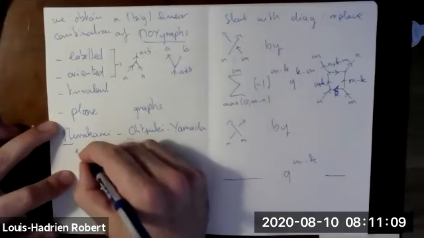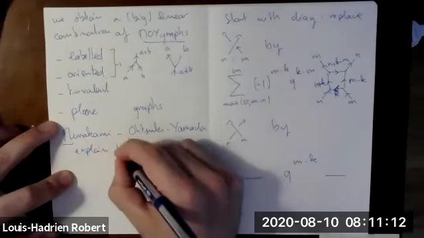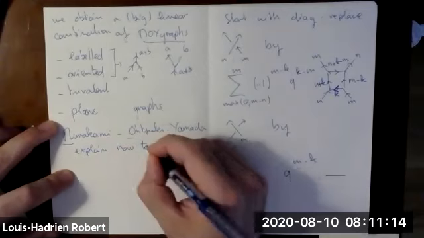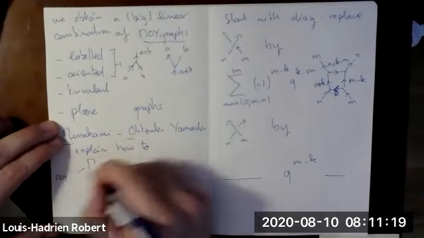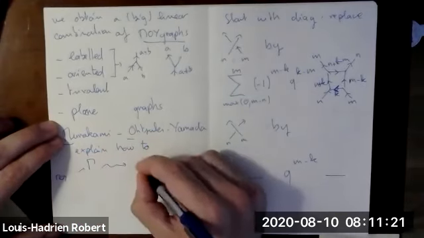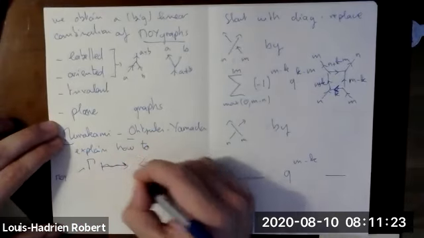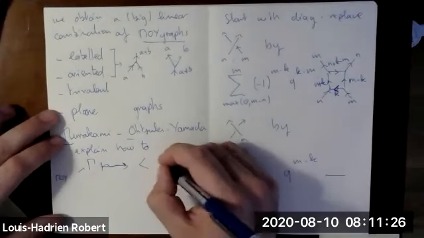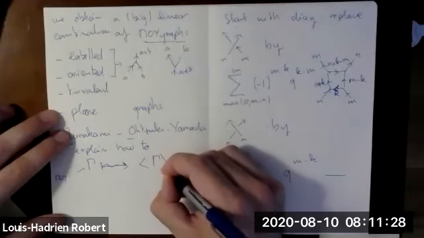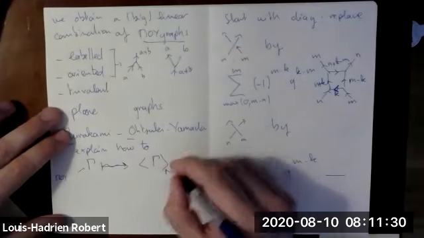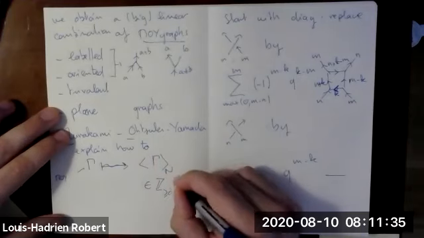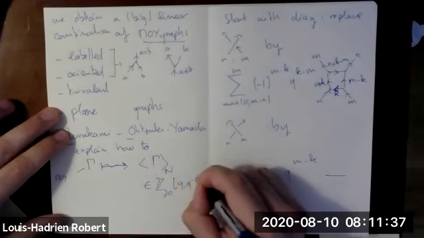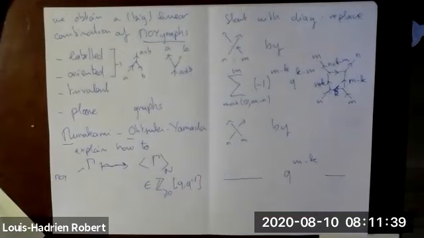They explain how to associate with a graph gamma, my graph, a bracket, which will depend on n, which actually lives in Laurent polynomials with integral positive coefficients.